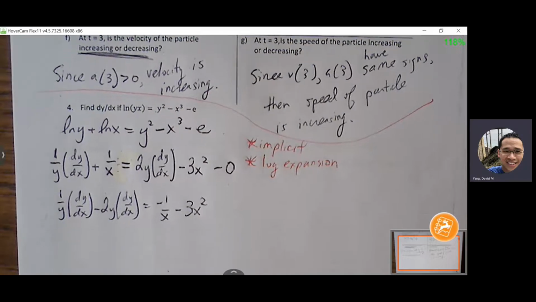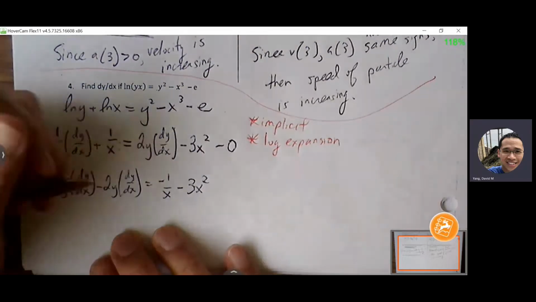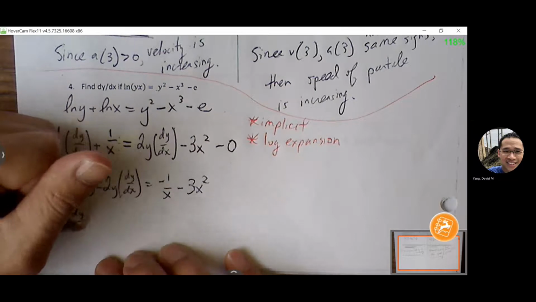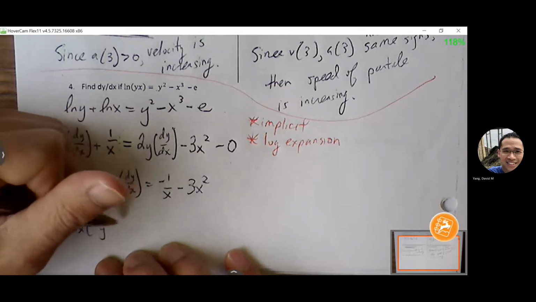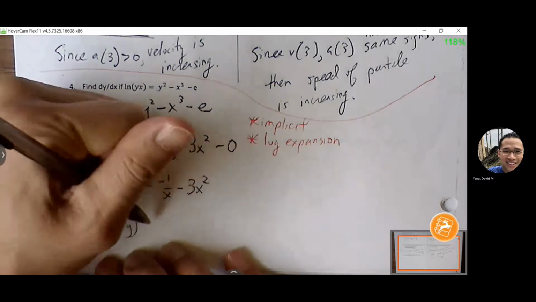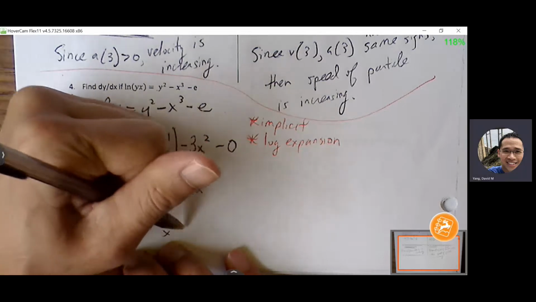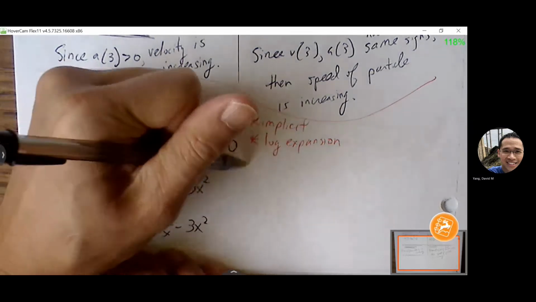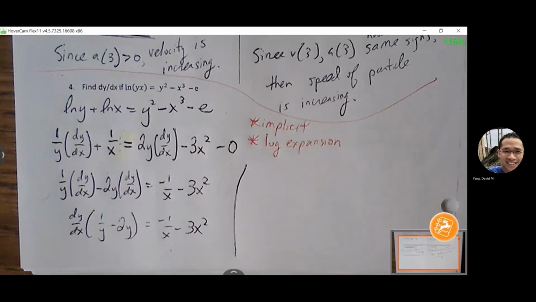Factor out the dy dx. Now let's just divide the parentheses over.